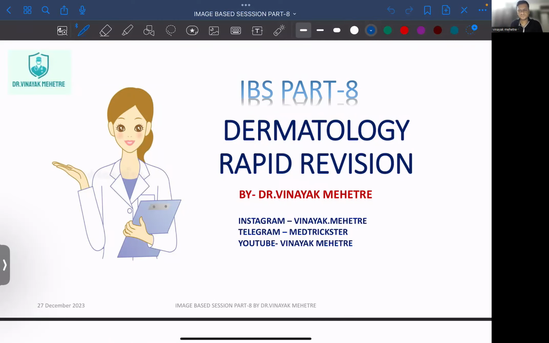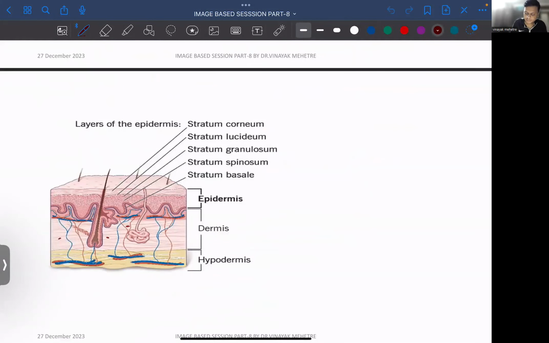First, which is the largest organ in the body? The largest organ in the body is skin itself. How much does it weigh?